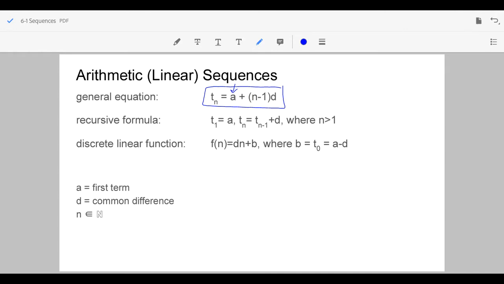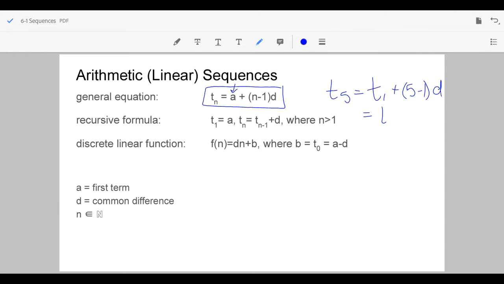So if we're looking for, say, term 5, then we'd have whatever that first term is. I'm actually going to write it as term 1 because that's the same thing as A, plus 5 minus 1, which is 4 times D. So that is our initial value, term 1, plus 4 times the common difference.